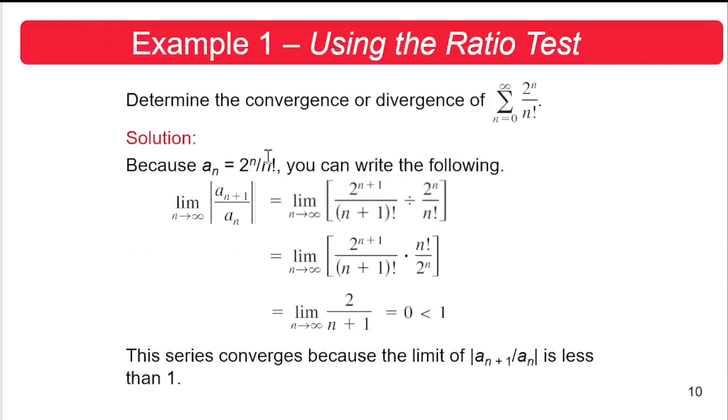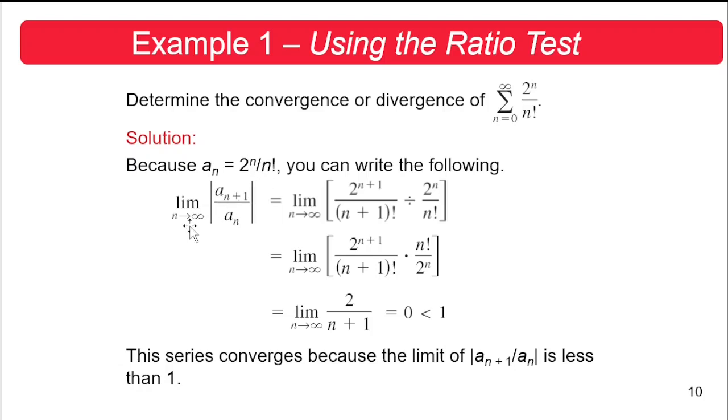For example, determine the convergence or divergence of the given series, summation of 2 to the n over n factorial, as n goes from 0 to positive infinity. From this given series, we can define the nth term of the series as 2 to the n over n factorial.